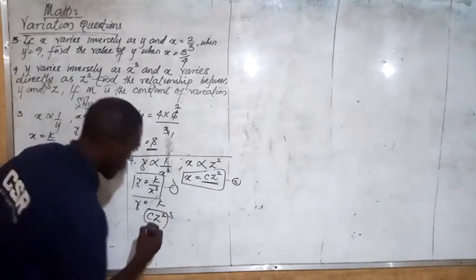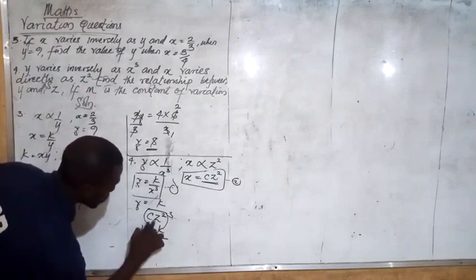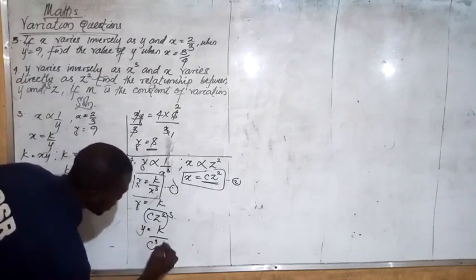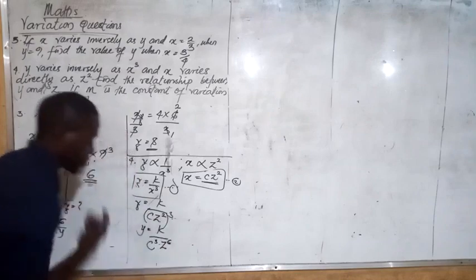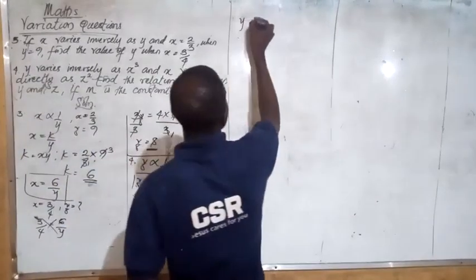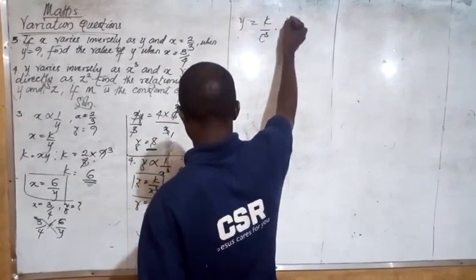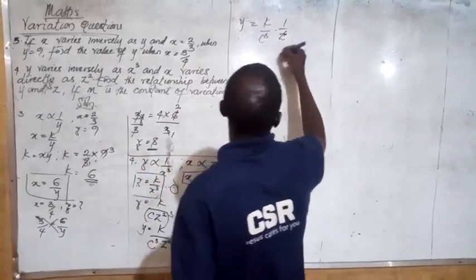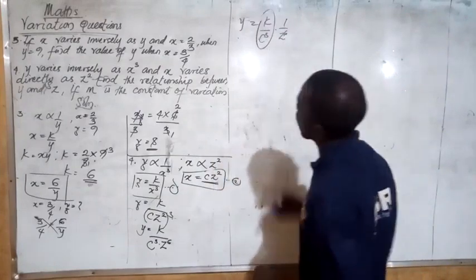So that we now have y will be equal to k over c cubed, z will carry 2 times 3, you have 6. So we now have that y will be equal to k over c cubed dot 1 over z raised to power 6. Now remember that both of these are constants.